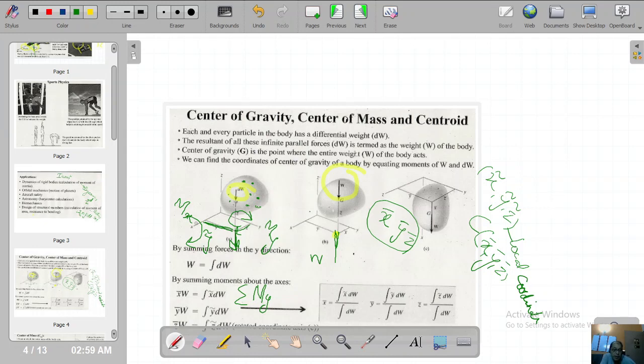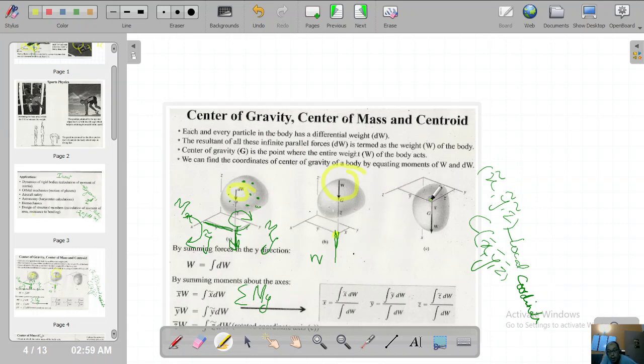Okay, and in a similar way, in order to calculate the moment about the z-axis, if you look at it, what they have done here is that they have rotated the body about the z-axis. Just to make it more clear, here they have rotated the body 90 degrees about the z-axis, and once they have rotated it, this is now your new z-axis.